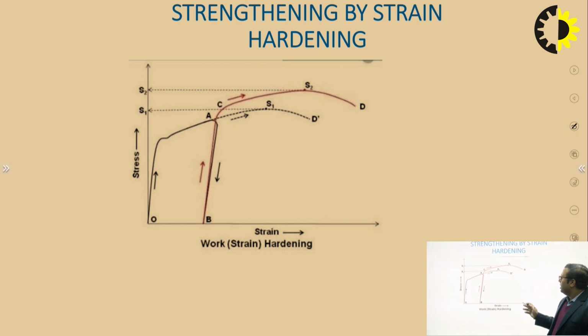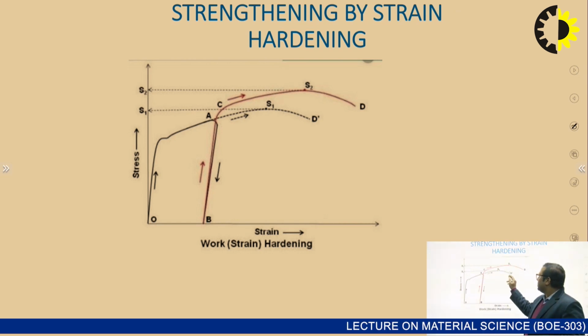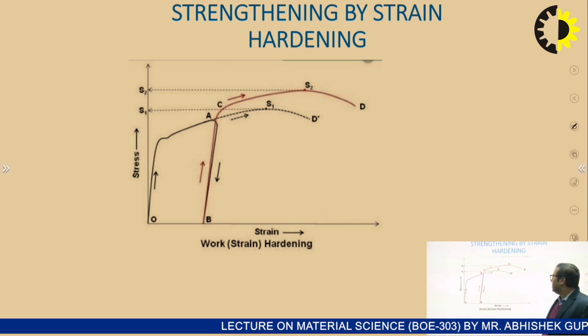So you can see the stress strain curve here shows the work hardening, which is also known as strain hardening. This is the second method for hardening a particular material. You can see how the stress strain curve varies, and then again it reaches B, and again this curve reaches the point S1 and then D1 point.